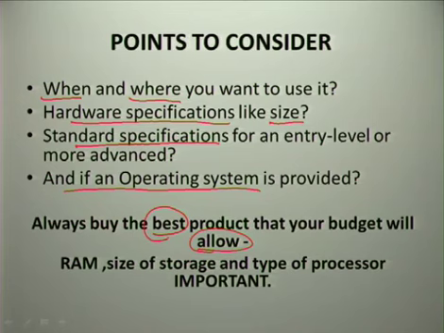And like I said before, the RAM, the size of storage, as well as the type of your processor are very important. You need to understand these three basic hardware components so that you can understand how they work together and how they make your computer what it is.